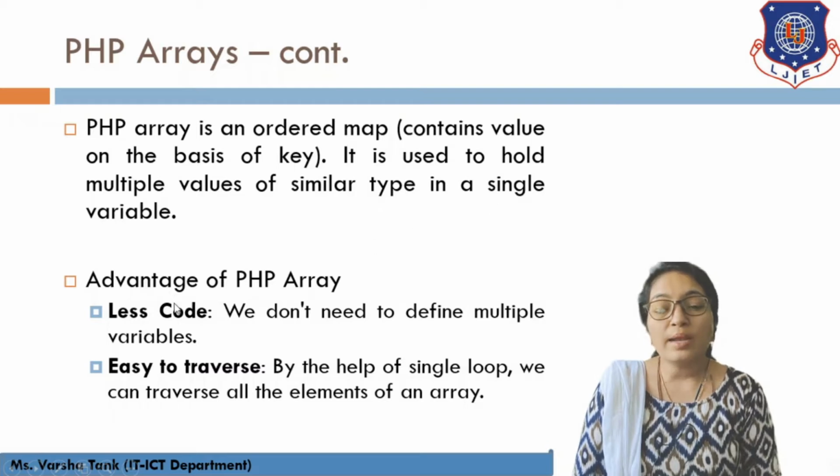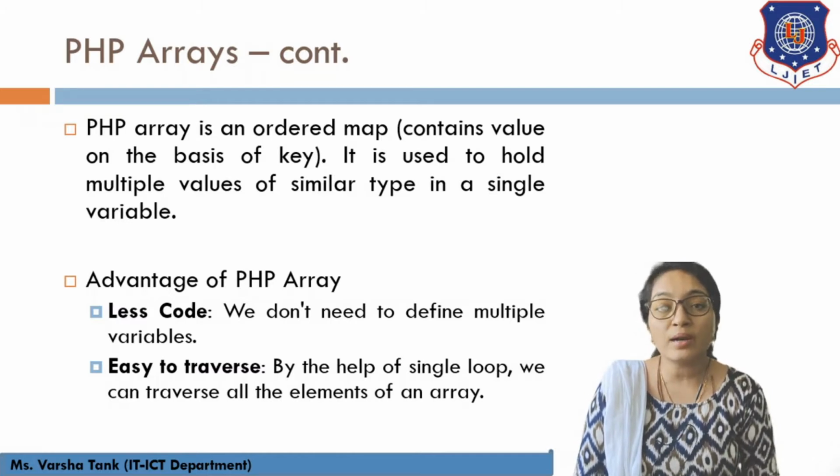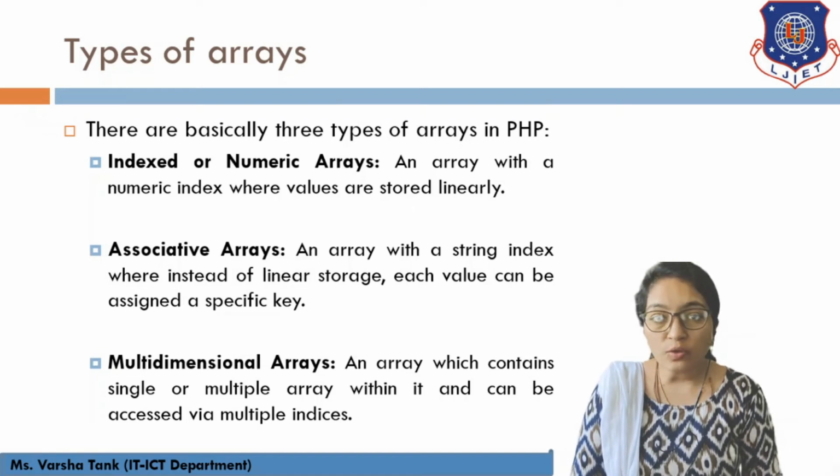Now, what are the advantages of using the array? It requires less code, as I gave the example of 5 times and 100 times, and it is easy to traverse. Suppose you have declared 100 variables, then every time you have to write 100 echo statements to print those variables. But traversing with an array is easy. Now, which are the types of array?